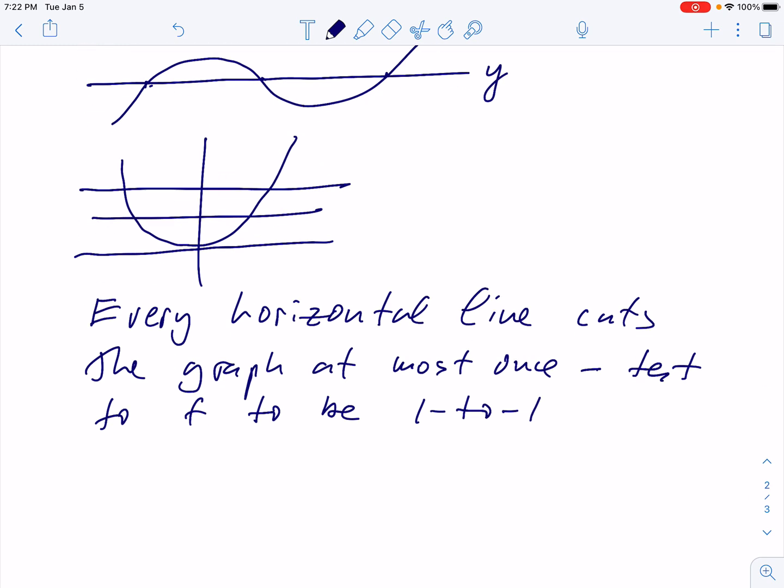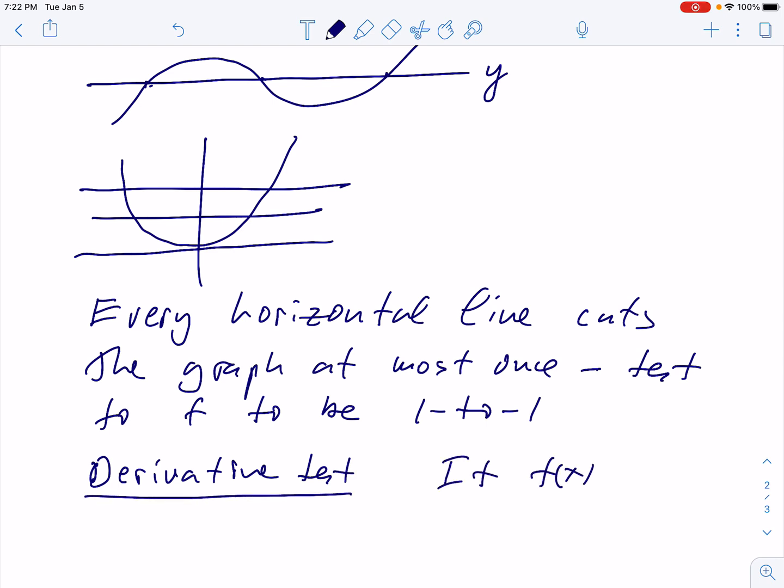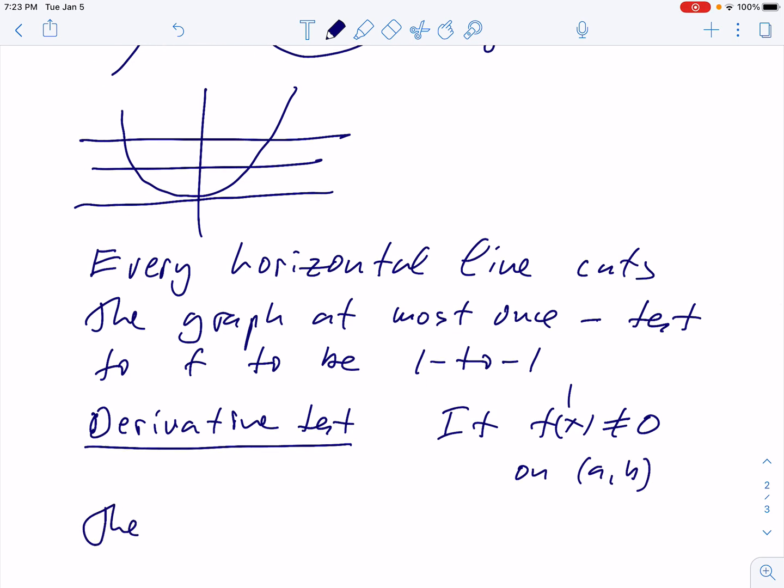Another simple test is looking at the derivative, if the derivative exists. We can call it the derivative test. If the derivative of the function is different from 0 on some interval [a,b], then f(x) is one-to-one on the closed interval [a,b].